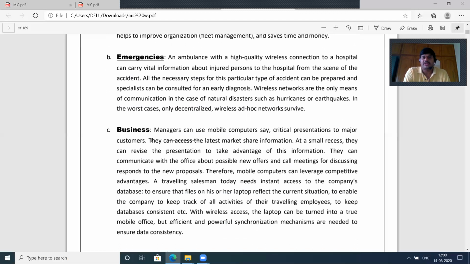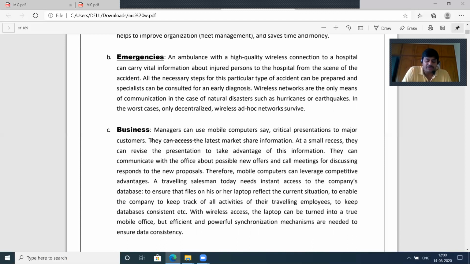The second application of mobile computing is emergencies. Suppose let me tell one example in an emergency case. Whenever an accident takes place, an ambulance is called for, and the ambulance will take the patient to the hospital.